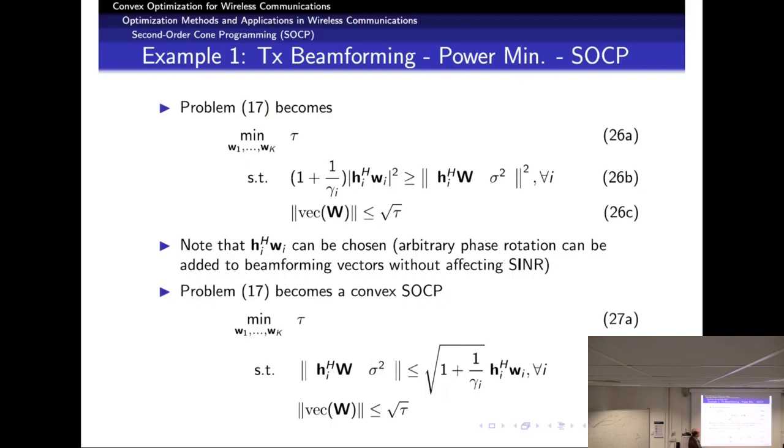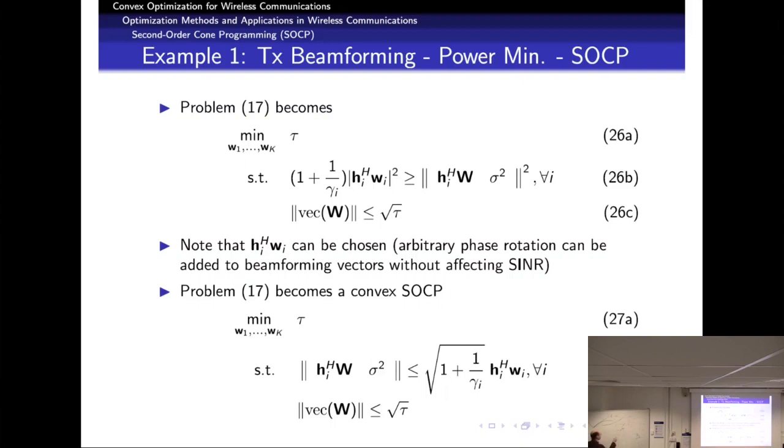Now, what is left is this one. This is clearly not a cone, but what you can do is some transformation, and you can say, well, when you want to optimize your W, you always have some degrees of freedom. So this degree of freedom is the following. If I multiply W by just a constant phase, e to the j theta, I will not use theta because I've used theta before, but whatever, this.